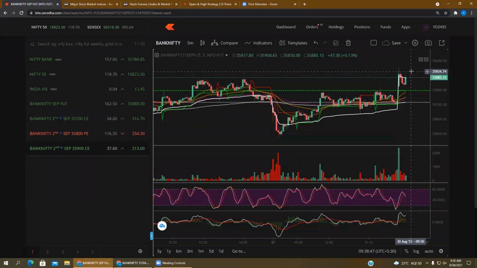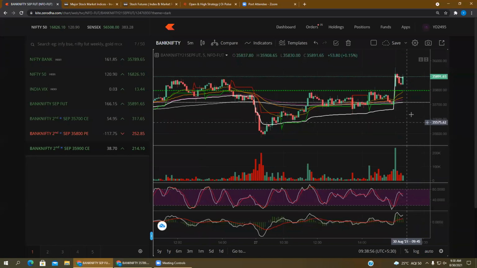So now upside, if it closes above this, will be better. Downside, below this. So between this range, nothing much to do.